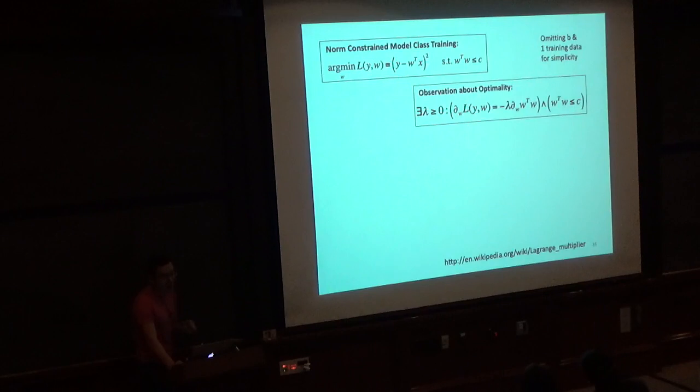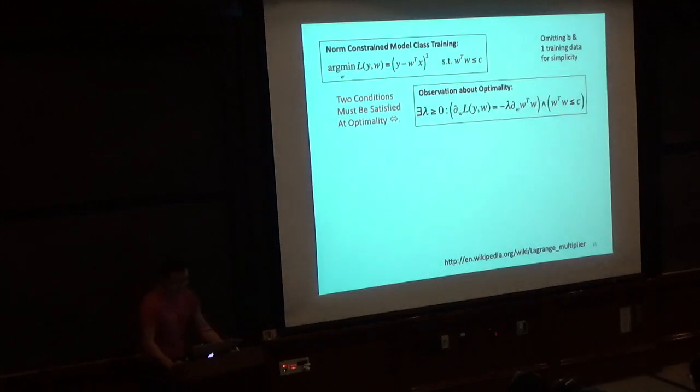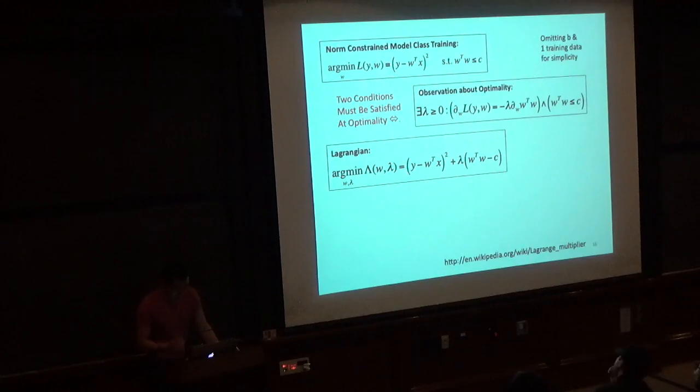Here's our observation about optimality that we just saw in the previous slide. These are the two conditions that must be satisfied at optimality. Okay, so we can write out what's called the Lagrangian.